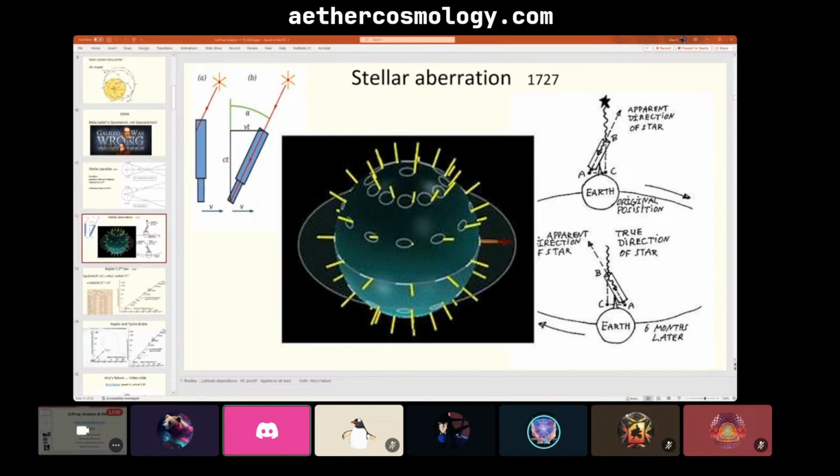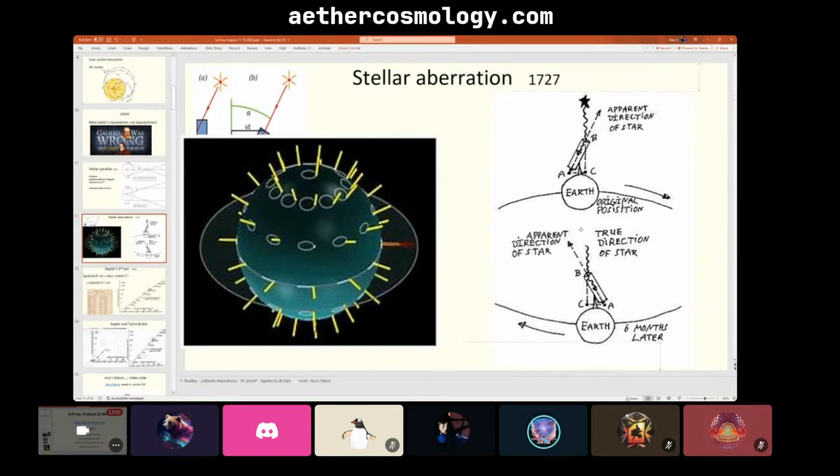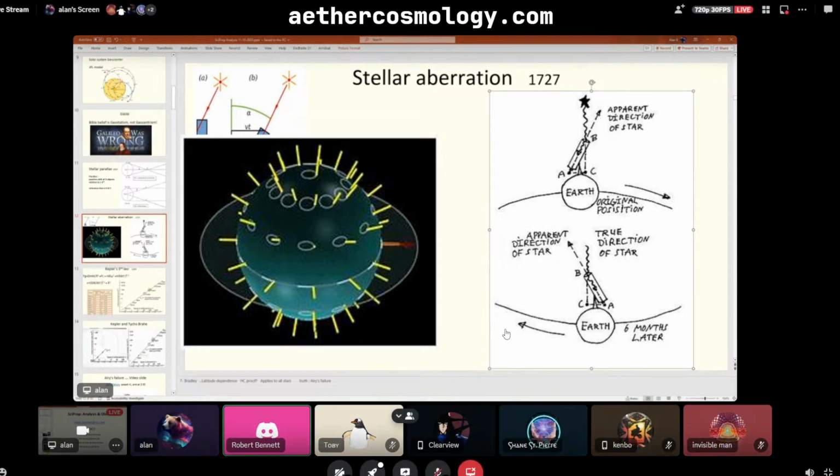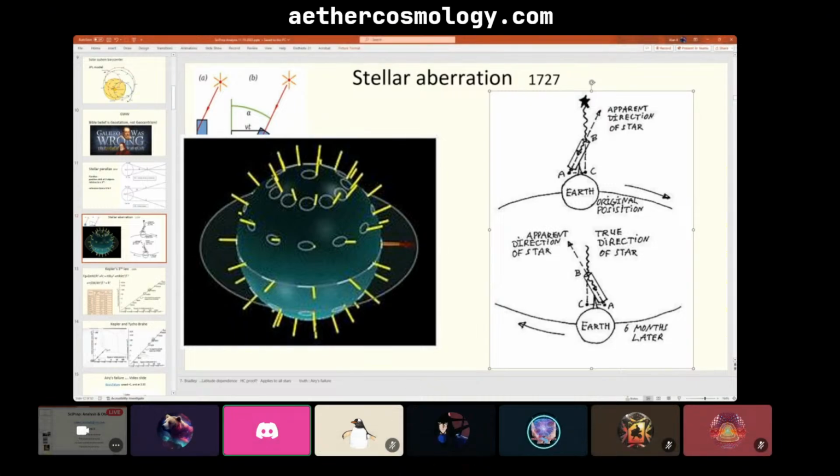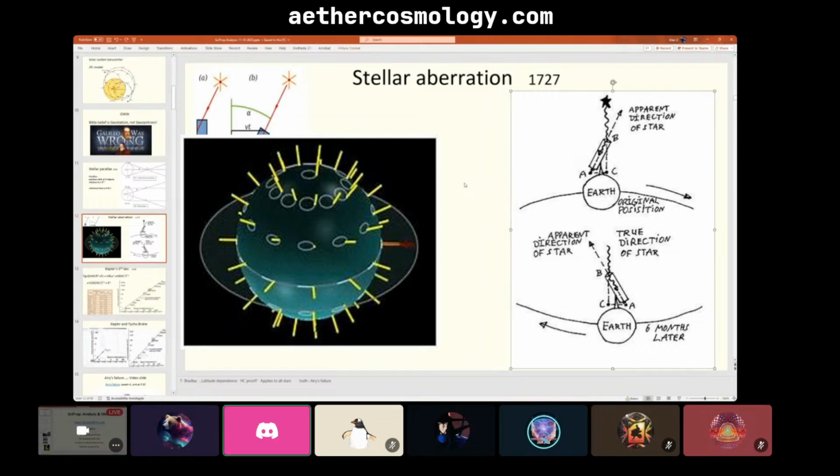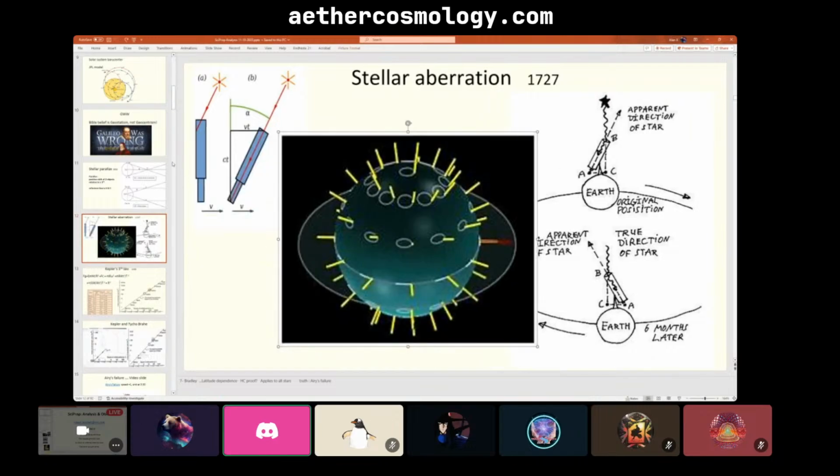And as the diagram shows, if you point the telescope at an angle instead of directly at the star in, let's say, January, in June you'll have to point it at the opposite angle 6 months later. So that's their explanation of why the telescope has to be corrected.